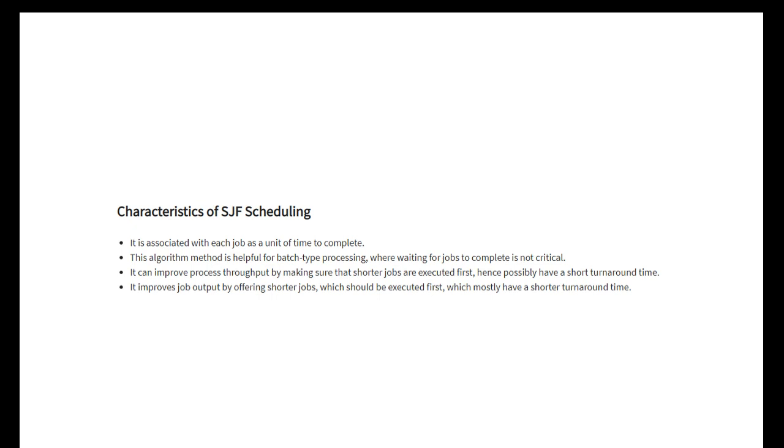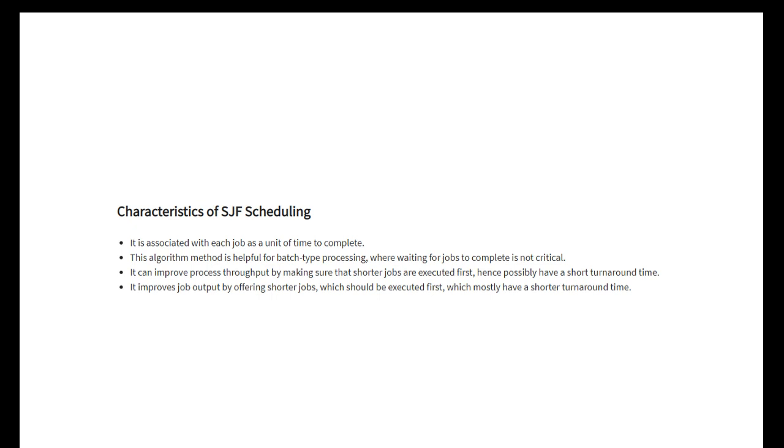The summary: SJF is an algorithm in which the process having the smallest execution time is chosen for the next execution. SJF is frequently used for long-term scheduling, and it reduces the average waiting time over the FIFO algorithm.